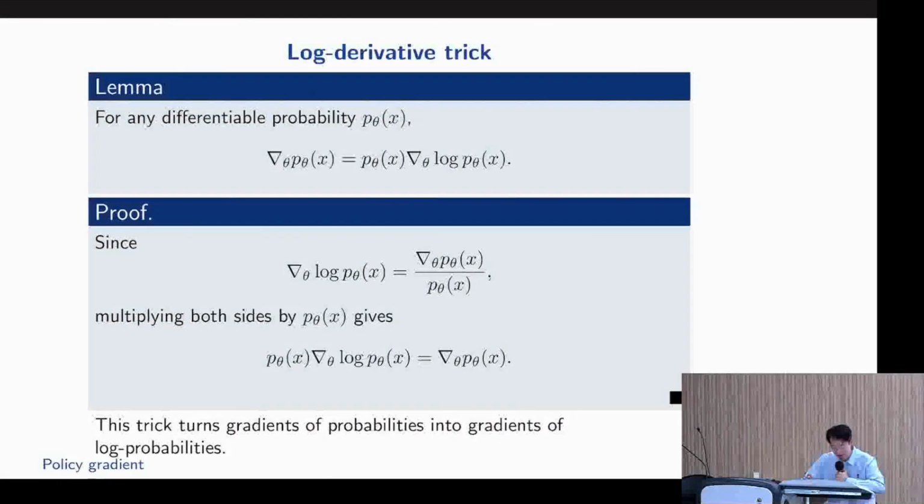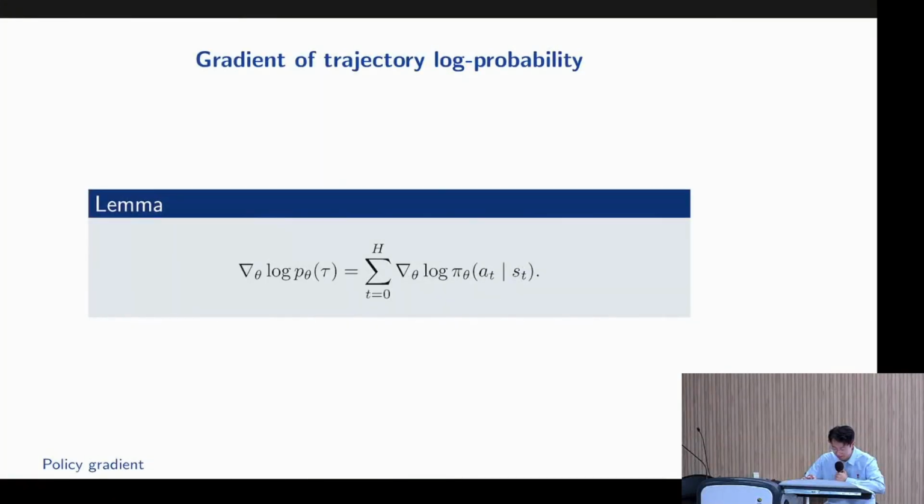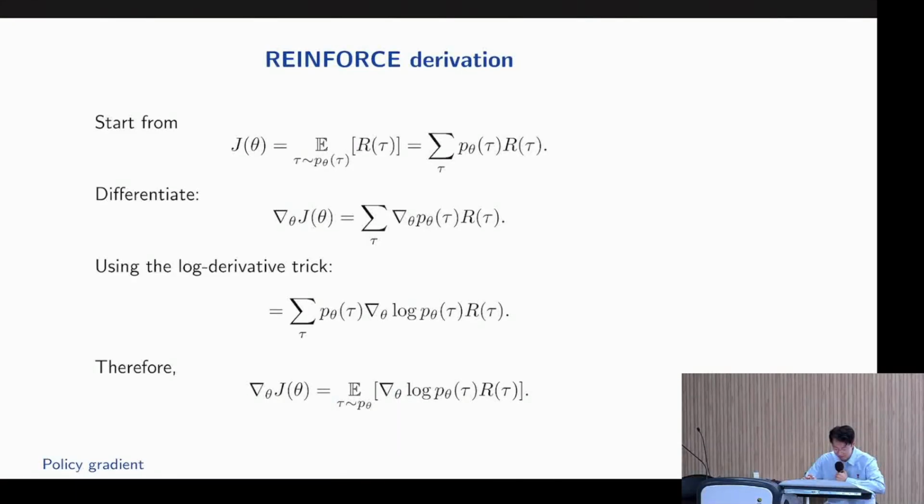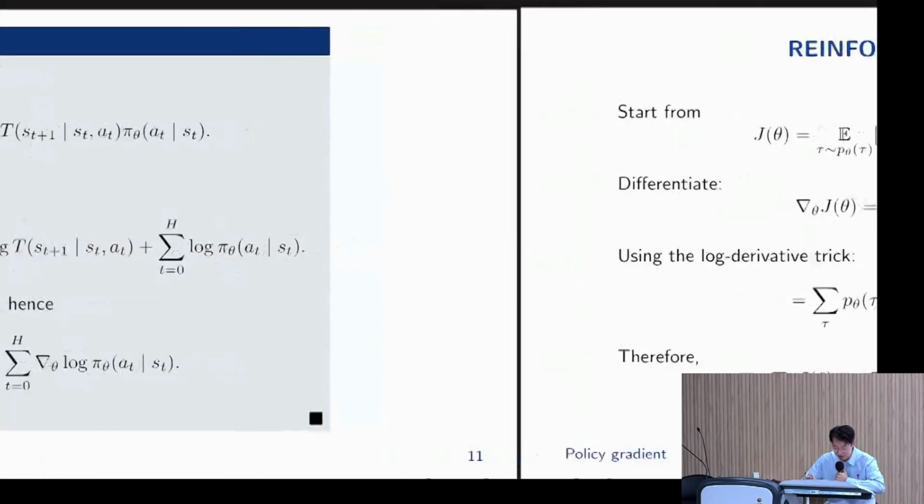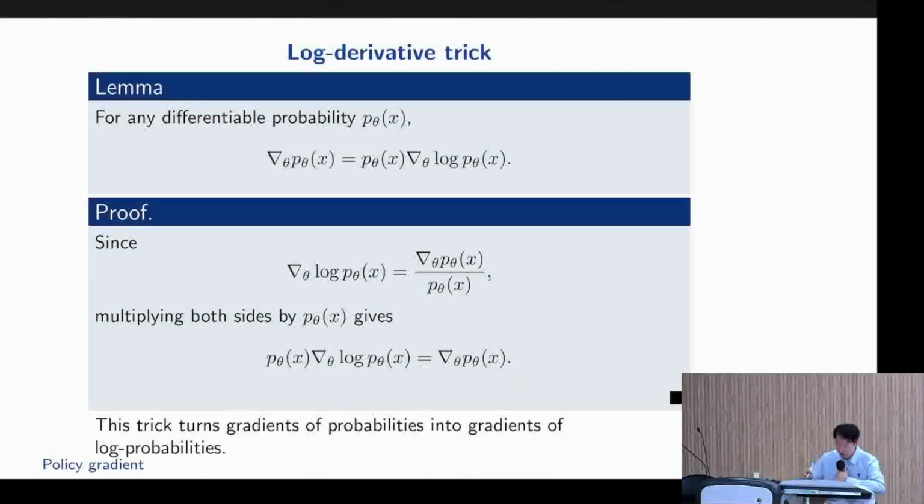Okay, how do we get there? All right, let's look at very simple lemmas. For any differentiable probability function p theta, if you compute the gradient, it's equal to p of x times the gradient of log p of x.